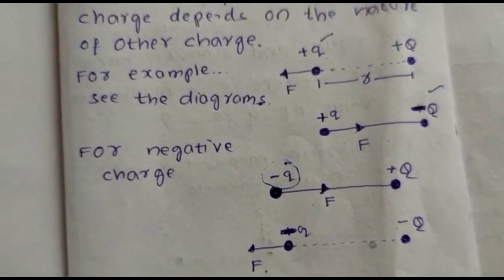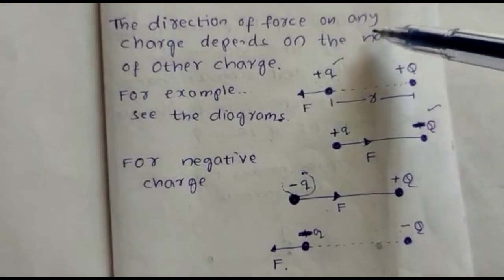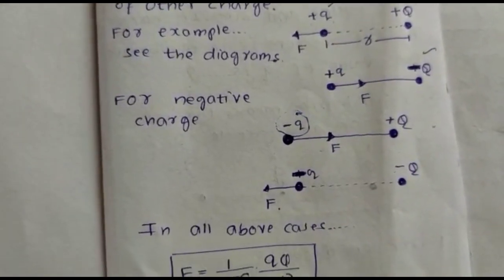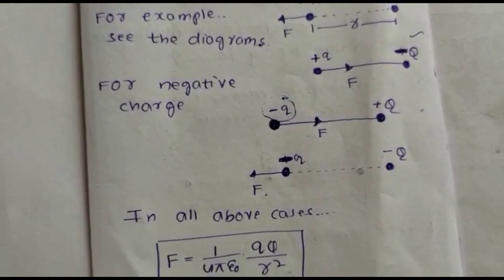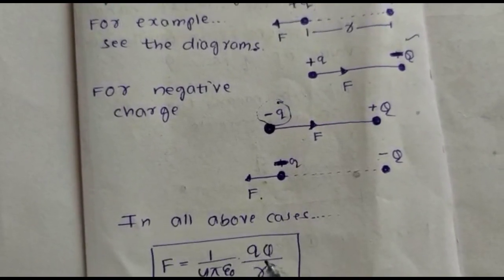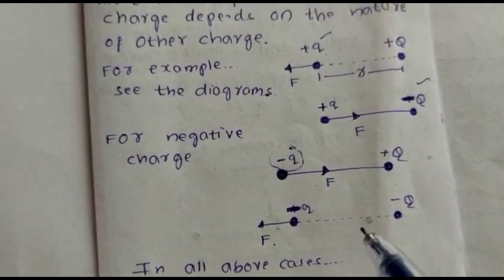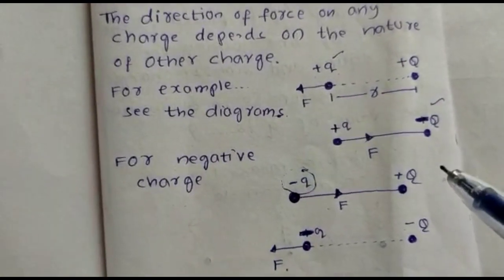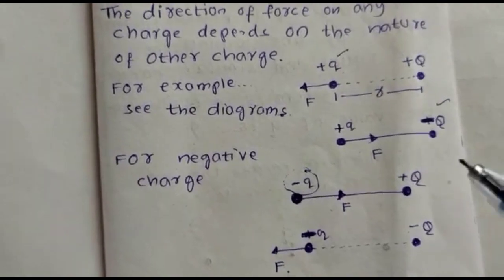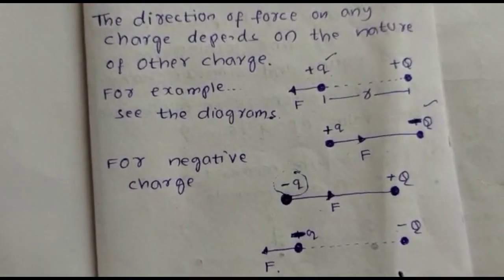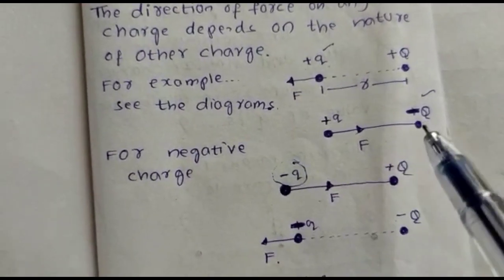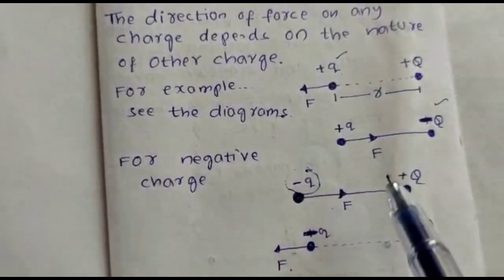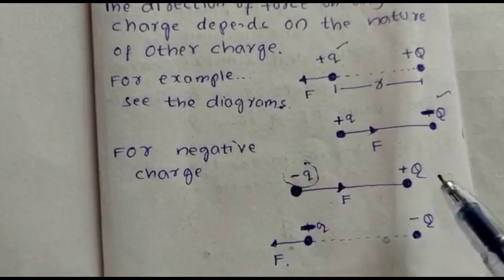Now in all of the above three cases, the magnitude of the force is always the same. In all the above cases, the force between them is F equal to 1 by 4 pi epsilon naught, q1 q2 by r square. And dear students, these diagrams are very important. Please note them, take a screenshot and analyze these diagrams, and you can conclude what the direction of the force of attraction is and what the direction of the force of repulsion is.